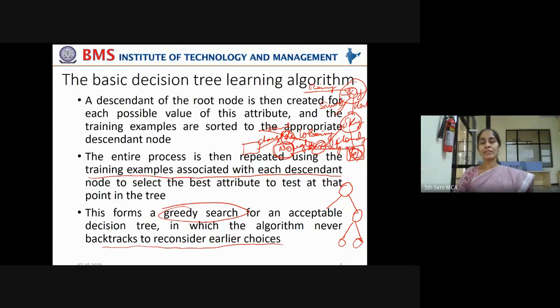That is the final decision tree. There is no backtracking available. It doesn't check whether its local best attributes are even the global best attributes. That is called greedy search, right? It doesn't reiterate, it doesn't iteratively modify its learning. Okay.